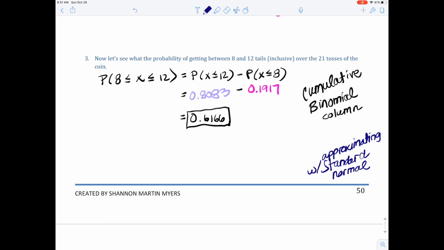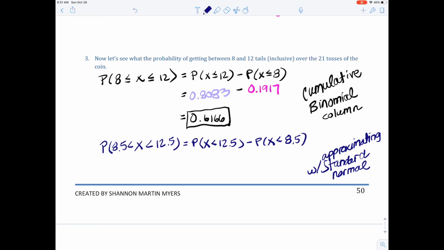and using our chart, because we already have that, right? That's going to be the probability that X is between 8.5 and 12.5. Good so far? And then that in turn is equal to the probability that X is less than 12.5 minus the probability that X is less than 8.5.